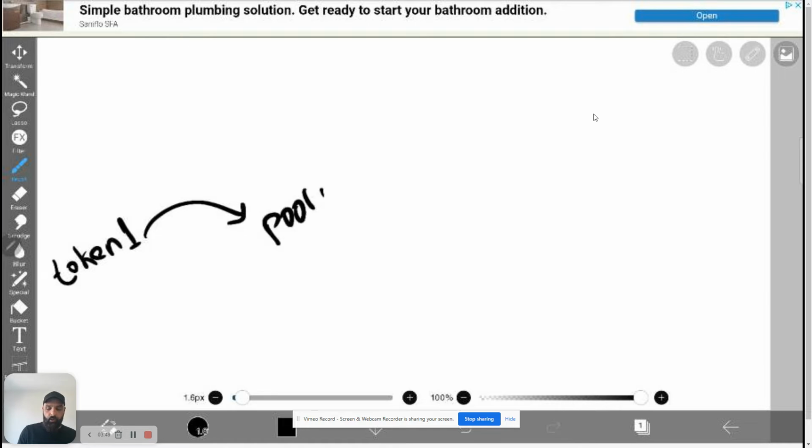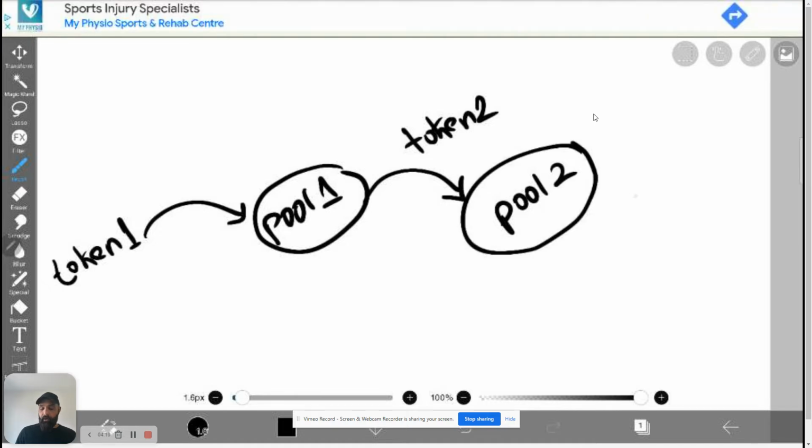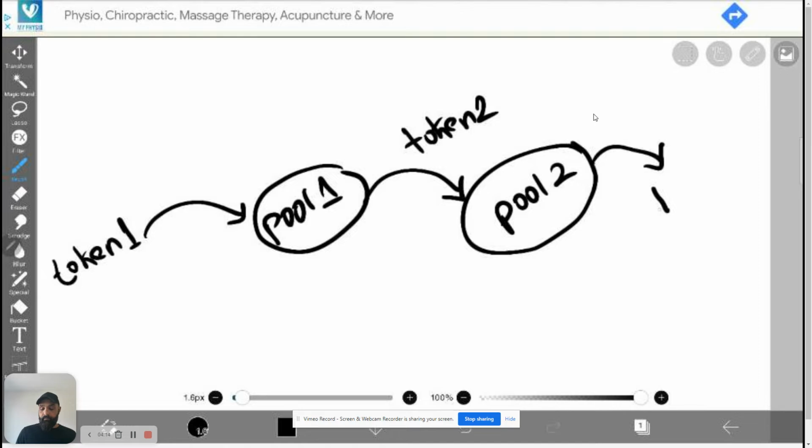Let's call that pool one. Usually you get another token, a pool token, out of this transaction. Let's assume that's token two. Now, if you can identify another pool in DeFi which can take token two as an input or underlying token, then you have a two-step strategy, etc.